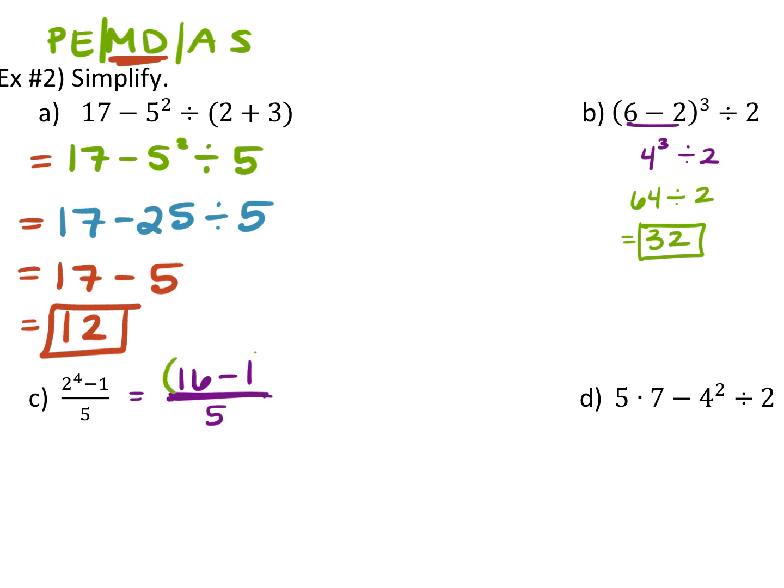In other words, it's like we're doing this. So you have to simplify the numerator, you have to simplify the denominator, and then you divide, whenever you see a division bar. So 16 minus 1 is 15 over 5, and that equals what? 3. Does that make sense?